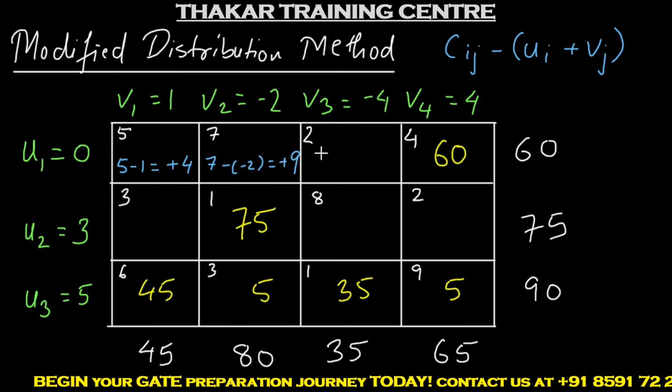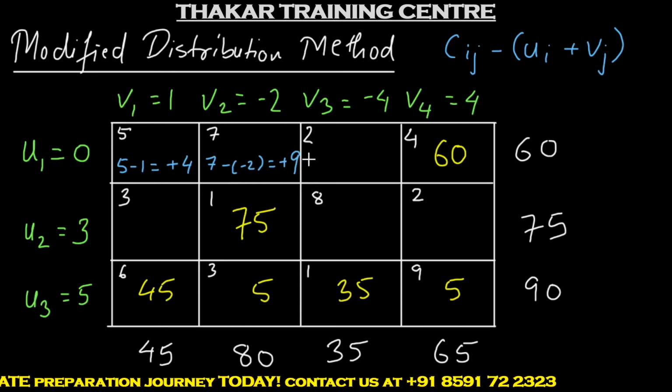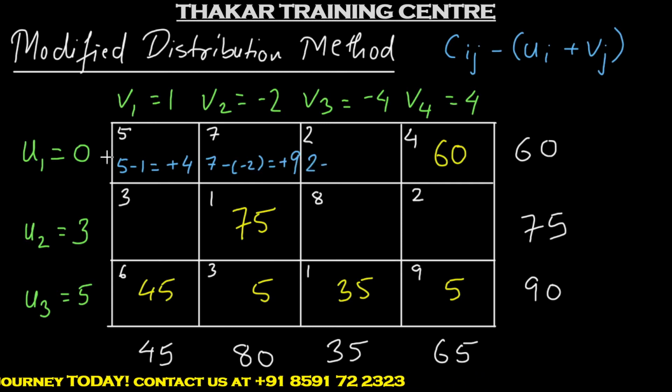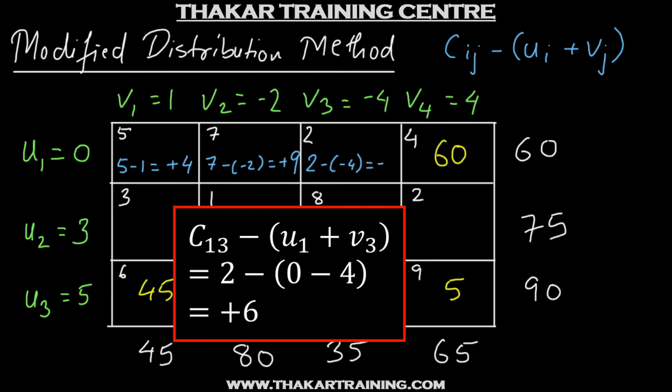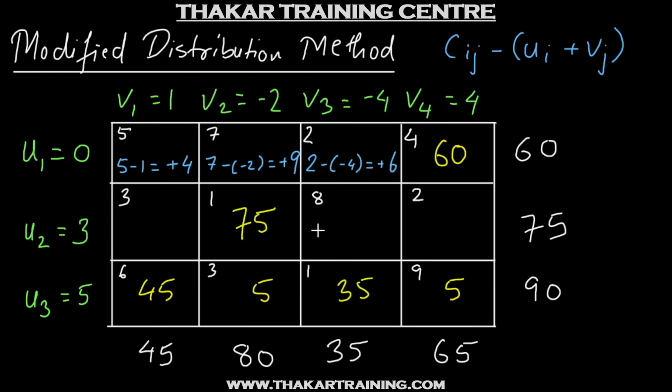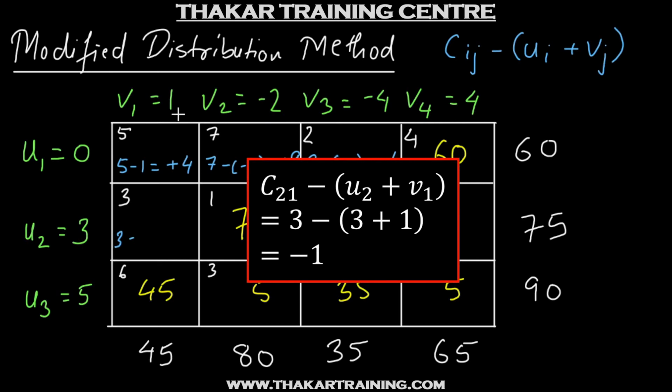The next empty cell is this. The cost is 2. So we have 2 minus ui plus vj. For this cell will be 0 minus 4. That is minus 4. So this is 2 minus minus 4 which is plus 6. Next we look at this cell. The cost is 3. So 3 minus ui plus vj is 3 plus 1 which is 4.